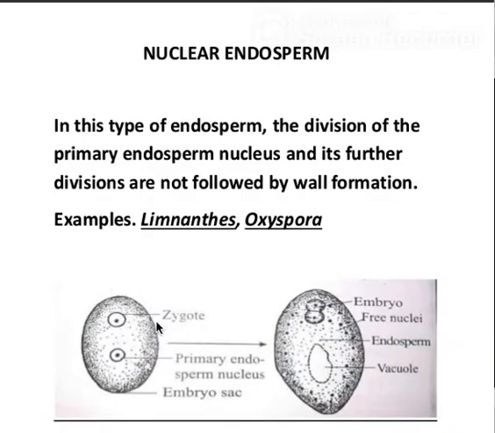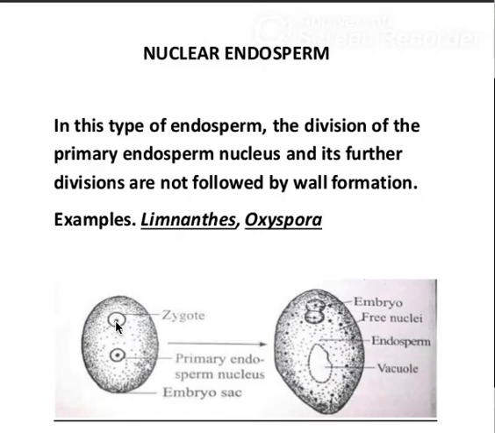So in this picture, you can see here you have a zygote. How is the zygote formed? By fusion of the male gamete with the egg cell, whereas the PEN is formed when the second male gamete fuses with the polar nuclei. This is actually inside the embryo sac.